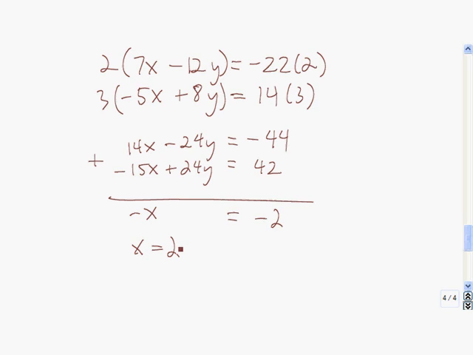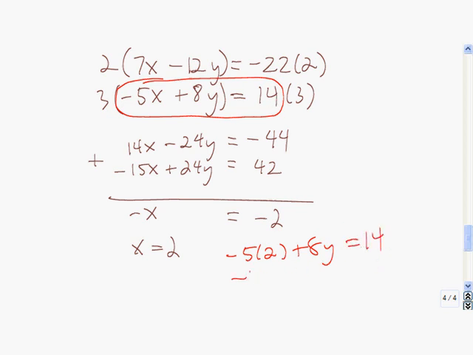Now I plug 2 into any of the equations to find out what y equals. Okay, let's plug it into this original equation there. So I have negative 5x, so negative 5 times 2 plus 8y equals 14.